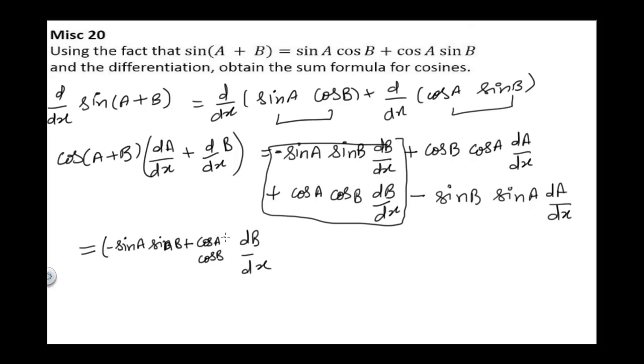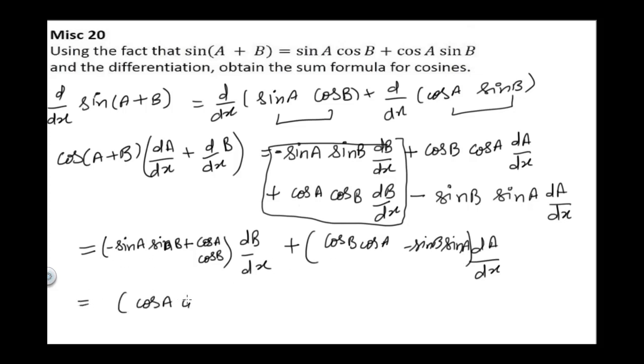In the other terms, da/dx is common, and inside the bracket we are left with cos b cos a minus sin b sin a. Now in the complete expression, cos a cos b minus sin a sin b is common, so inside the bracket we are left with db/dx plus da/dx.